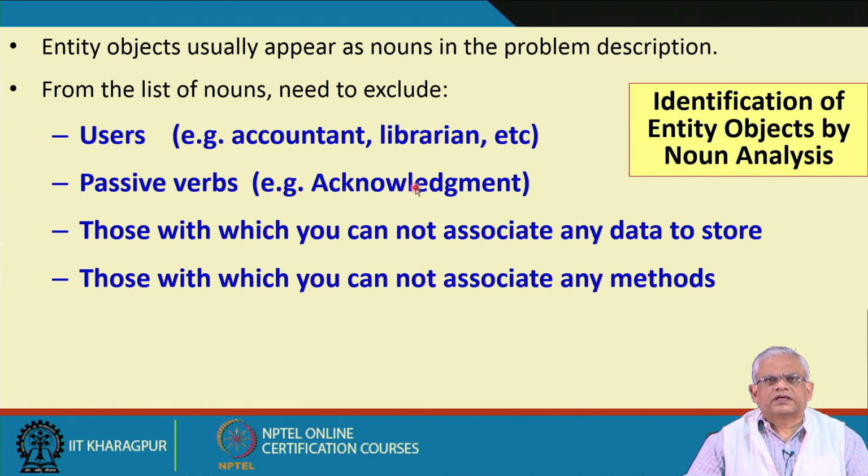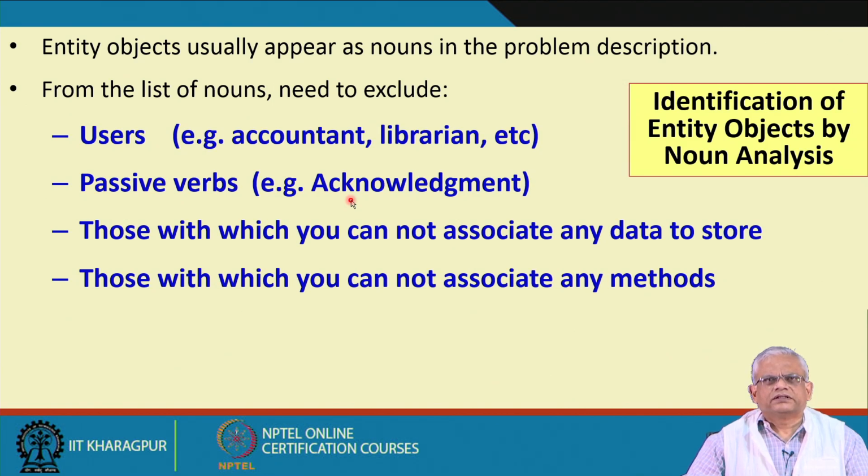These also are not entity classes; these are basically verbs, even though they appear as nouns. Later we will say that the nouns, if they correspond to the entity objects, the verbs correspond to methods.